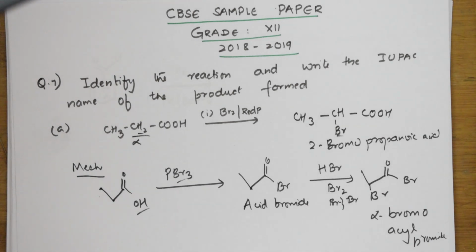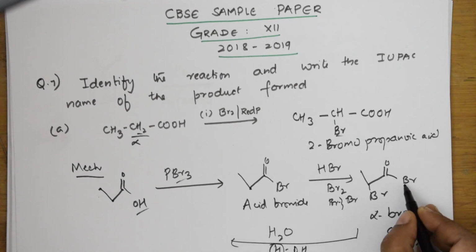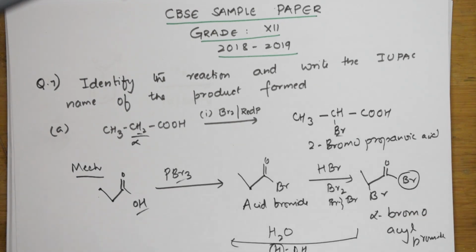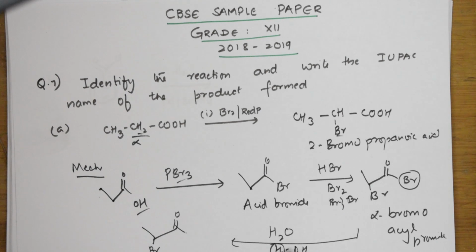We are going to take this alpha bromo acyl bromide and allow it to undergo hydrolysis reaction. When you allow it to undergo hydrolysis, that is addition of water, HOH, this hydrogen and this bromine get exchanged, and what do we get? We get C double bond O, and careful here, this hydrogen and this Br come out as HBr, and we get this OH here.